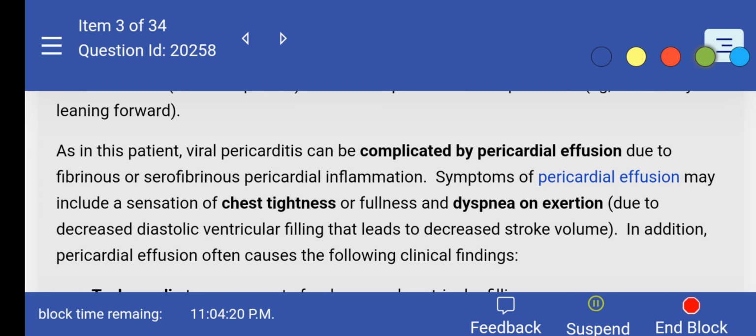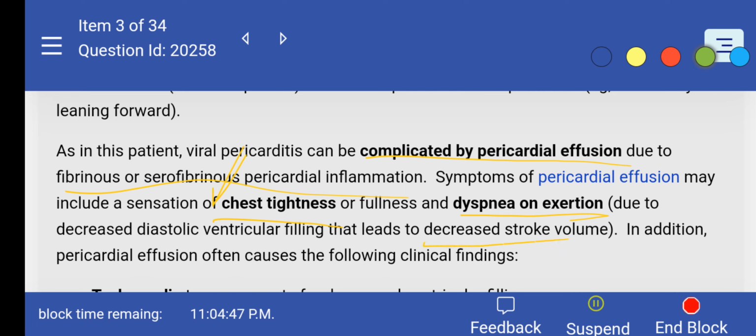As in this patient, viral pericarditis can be complicated by pericardial effusion due to fibrinous or pseudofibrinous pericardial inflammation. Symptoms of pericardial effusion may include a sensation of chest tightness, as in this case, or fullness and dyspnea on exertion, due to decreased diastolic ventricular filling that leads to decreased stroke volume.